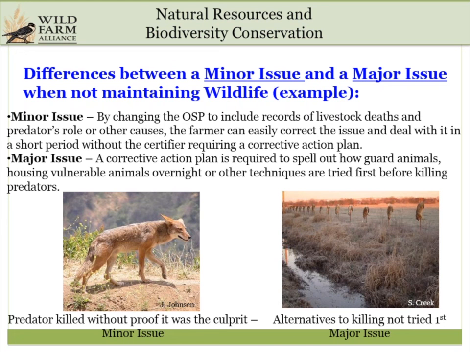Here are the differences between minor and major issues when not maintaining wildlife. So it's about predators, and instead of killing a predator and not recording it and not having any record of it, by making that record and putting it in the OSP, then the operator shows that they are consciously trying to figure out who is it really, that coyote that's causing the problem?